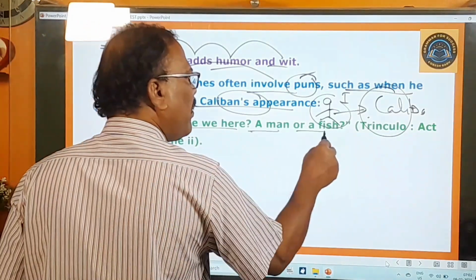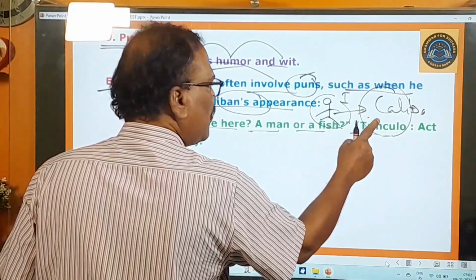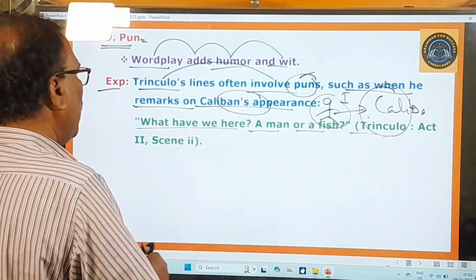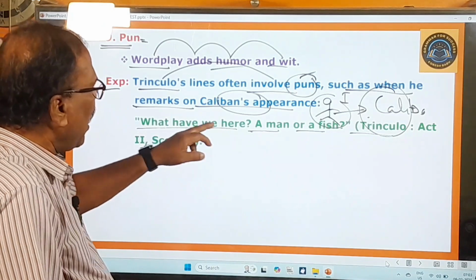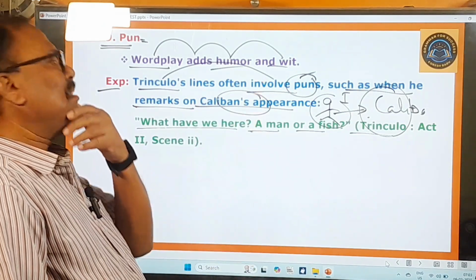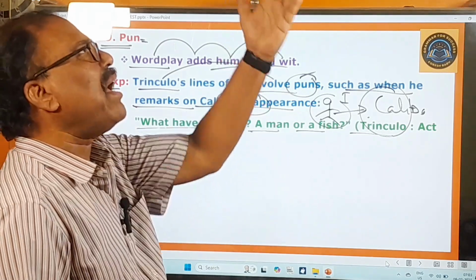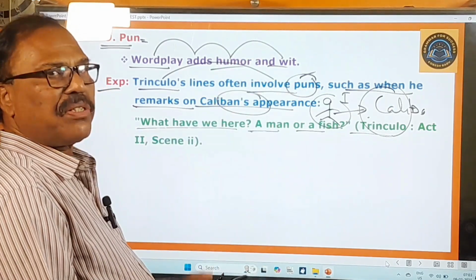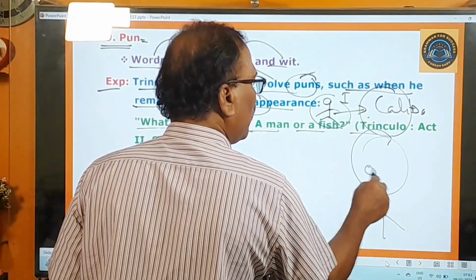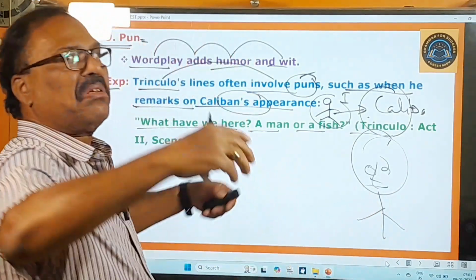A man or a fish? This dialogue is spoken by Trinculo in scene 2 of Act 2. So what do we have here? A man or a fish means, is he a man or a fish? Because this Caliban was a big person.